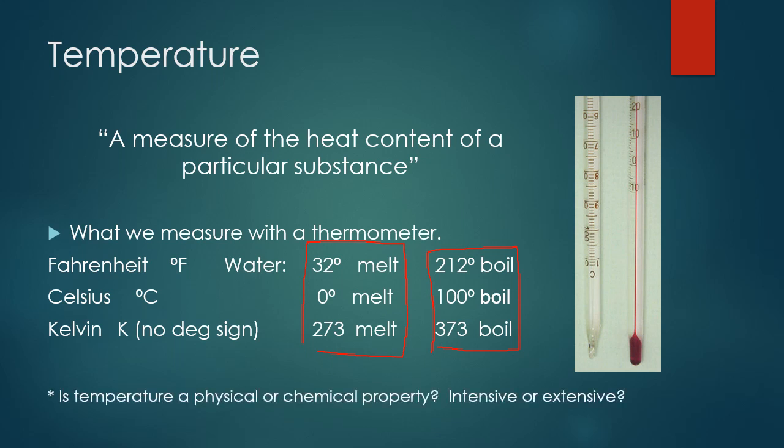In the next section of the chapter, we'll talk about physical and chemical properties. We'll also talk about intensive and extensive properties. So we'll discuss whether temperature is a physical or chemical, or an intensive or extensive property. So just be prepared for that.